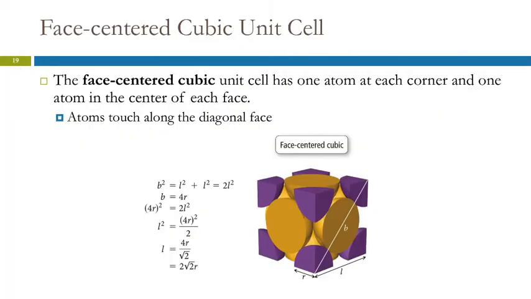Face-centered cubic. Now we have atoms along the faces. So here's an atom along this face and that face and this face, and then we still have those atoms in the corners. So we have one atom from all of the purple ones in the corner, 8/8, and then each of these gold ones is half of an atom, right?